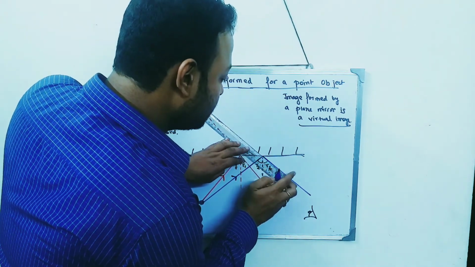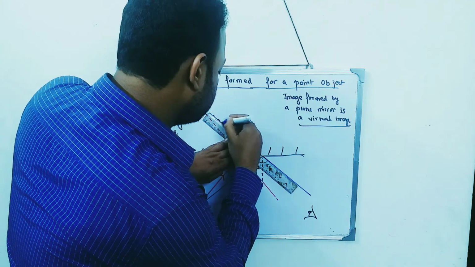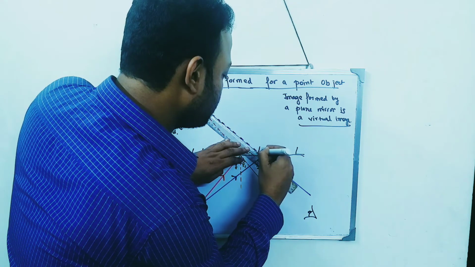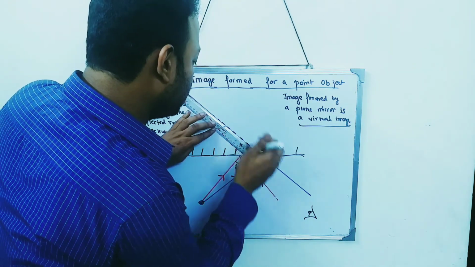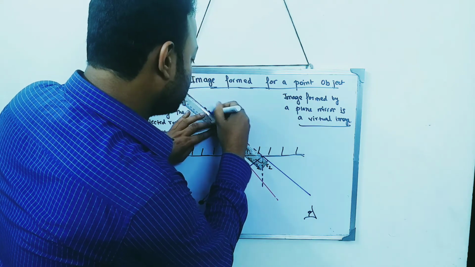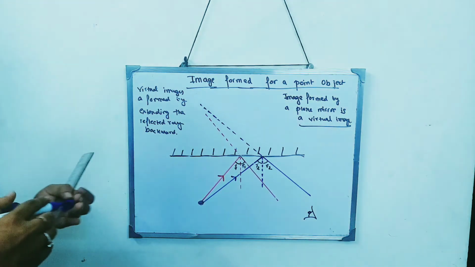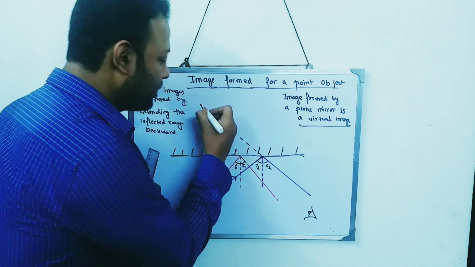So this reflected ray, I'm extending it backward. See, similarly, dotted. And I make sure that these two rays meet each other at a particular point. Now let's see how they are meeting.